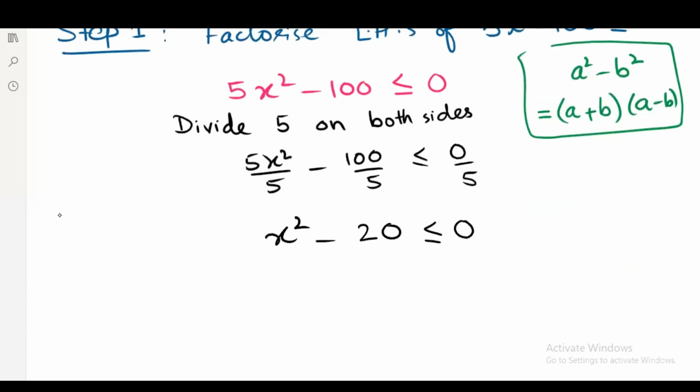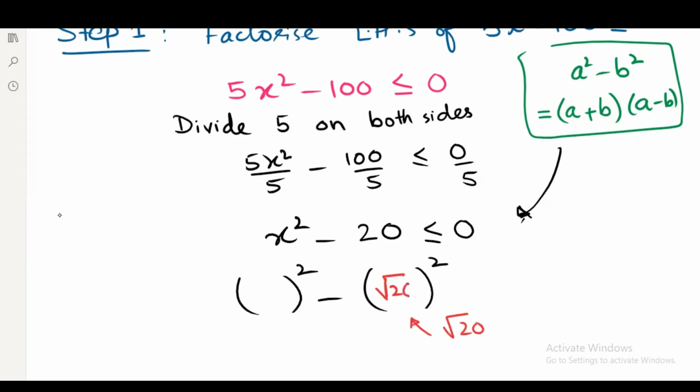Now factorize by using the identity. x squared is a perfect square, but 20 is not a perfect square. So what will you do? You have to write square root of 20 in the bracket. Now a is x and b is square root 20.